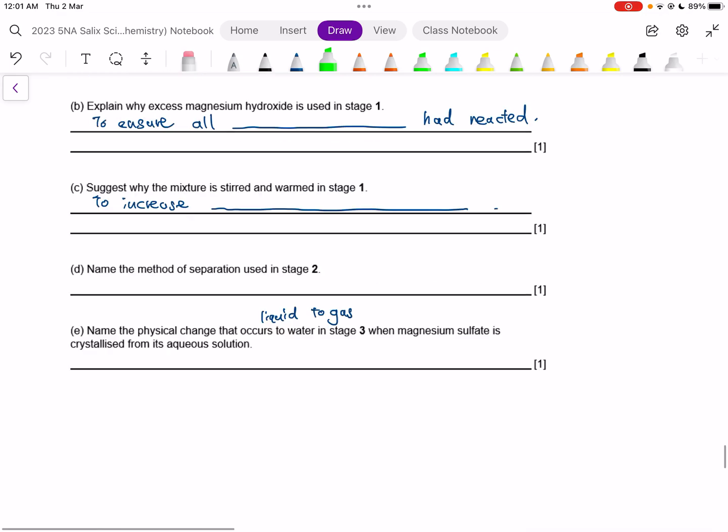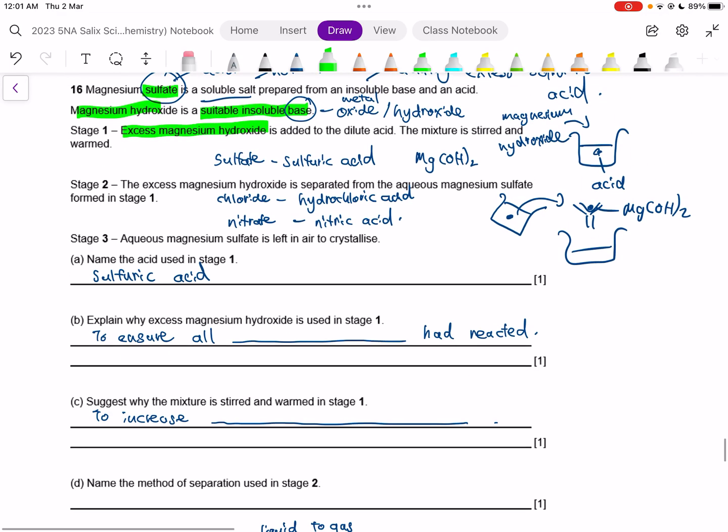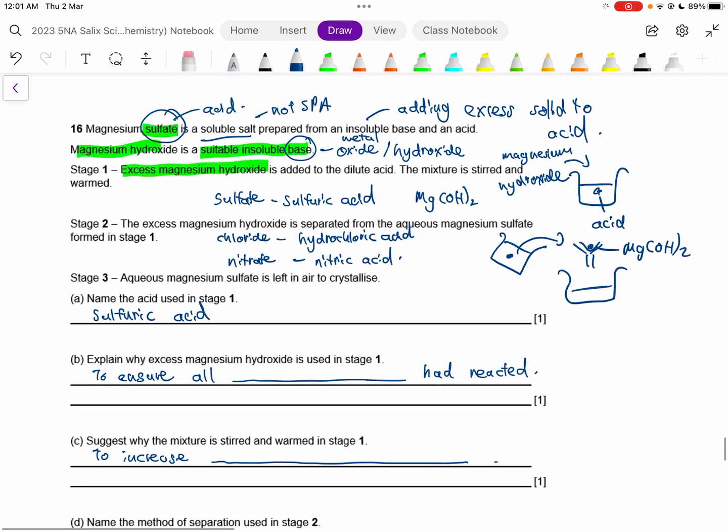The limiting reagent in a reaction will be all used up for sure.